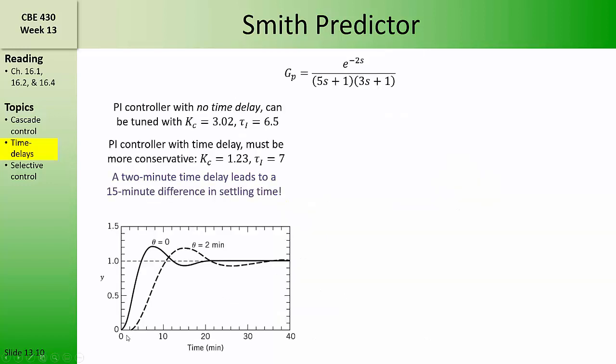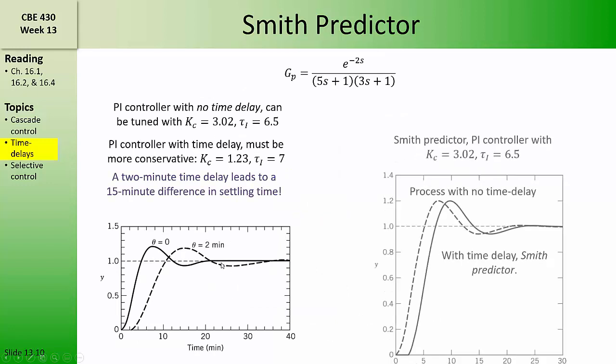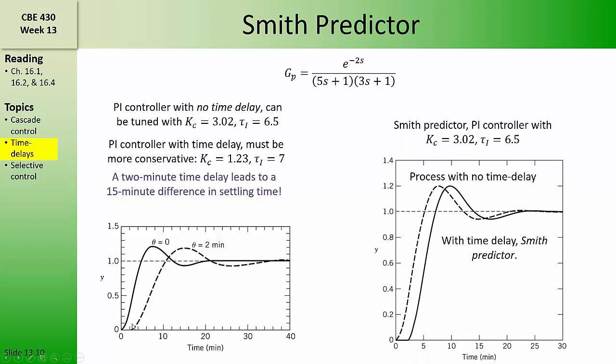Let's compare a PI controller tuned for this process containing the time delay to a Smith predictor. Now, when the process contains the time delay, if we don't use the Smith predictor, we found that we had to detune the controller. That is, we had to make it much more conservative in order to obtain a similar overshoot. The curves shown here on the right compare the process without the time delay, tuned using our original settings, to the process containing the time delay, but tuned using a Smith predictor.